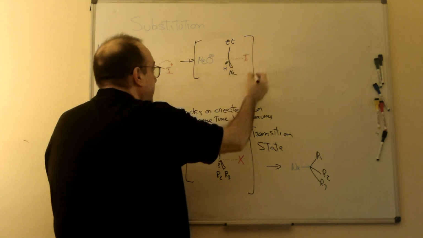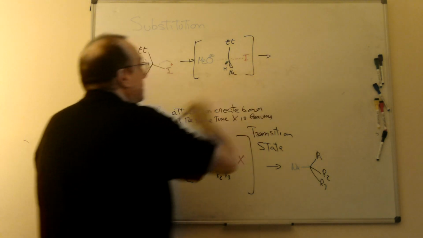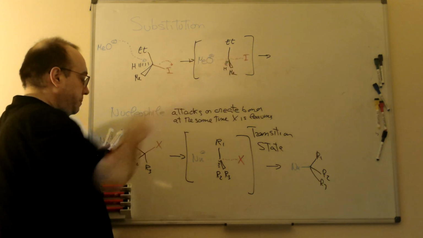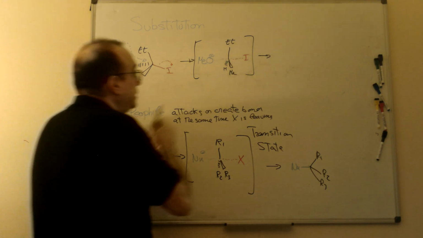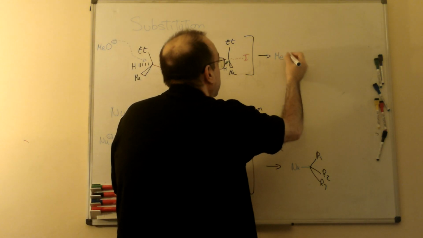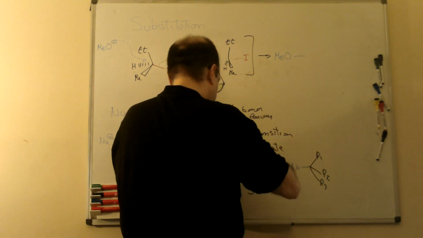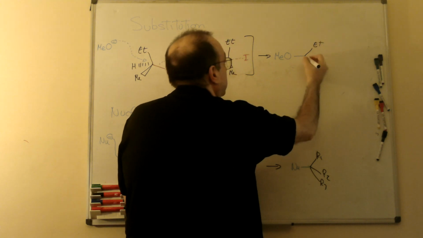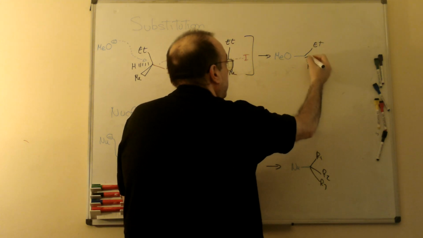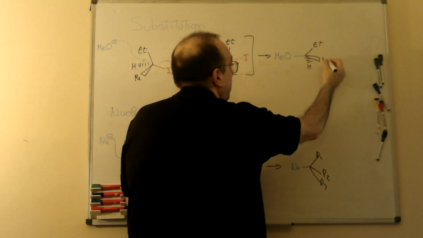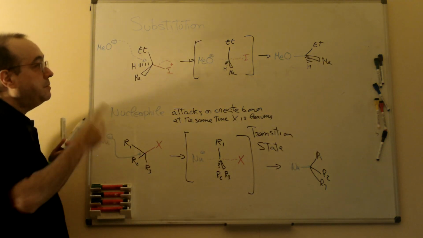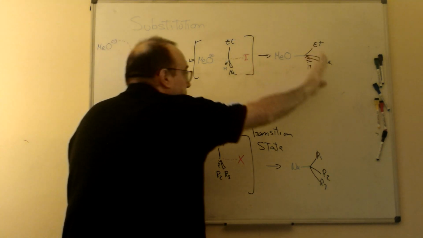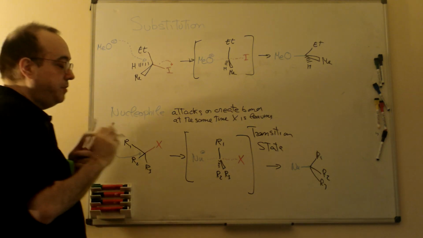This is a transition state, and then simply this bond is formed, this bond is broken, and what we have is methyl and ethyl, and check that now the hydrogen and the methyl and the ethyl that were in this direction are now in the opposite direction. We have an inversion of configuration.